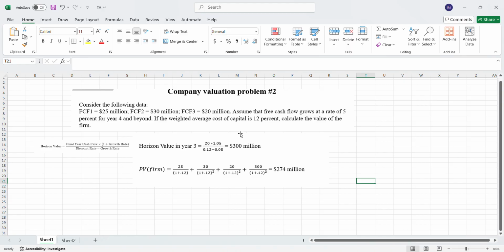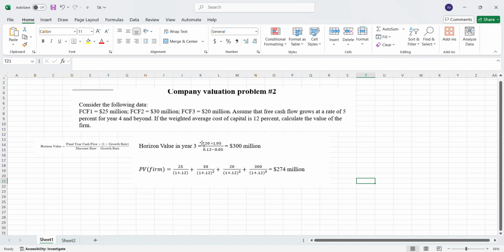So how can we calculate the terminal value? We need to figure out what our end value for this project is. You can see the formula for horizon value is the final year cash flow multiplied by the growth rate, so we get the next year's value with growth, and we discount it by subtracting the growth rate as well.